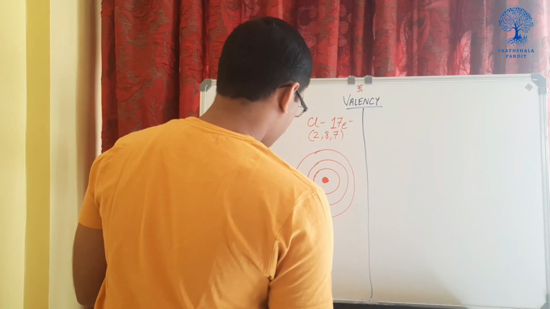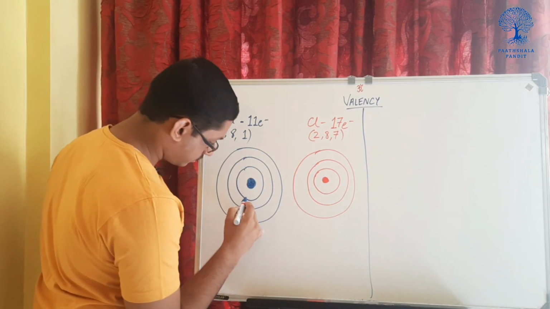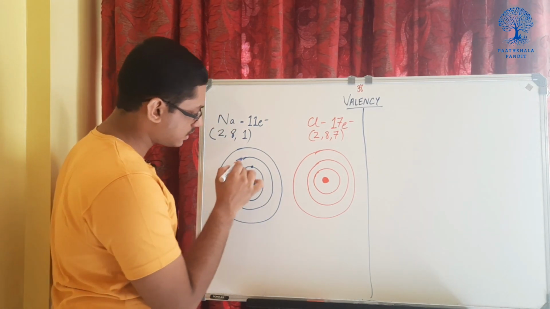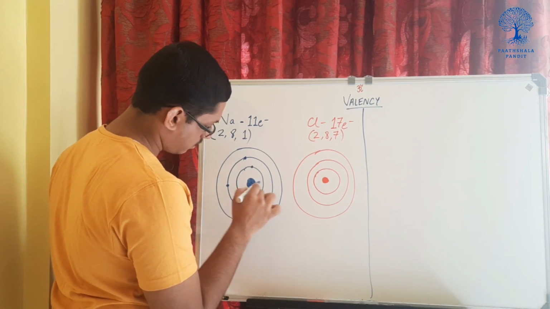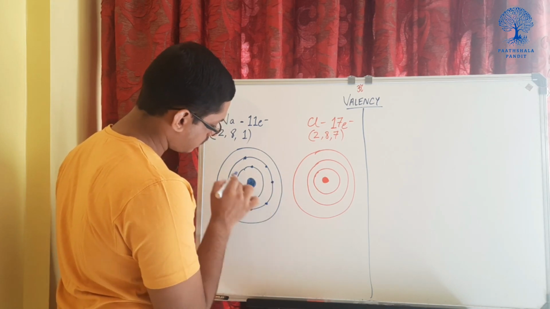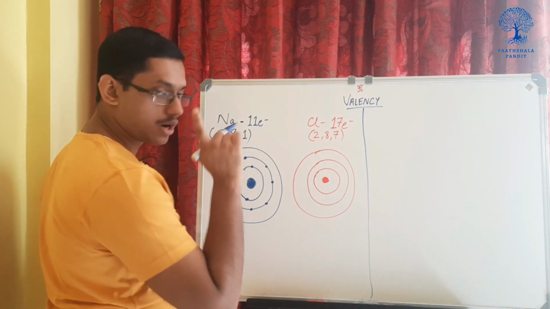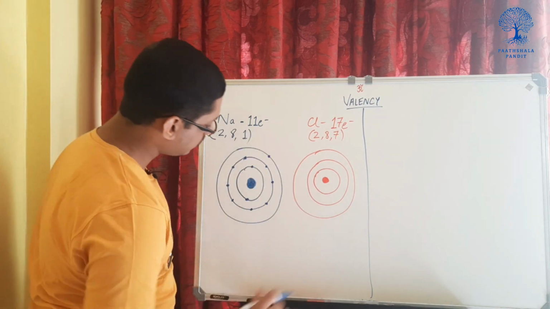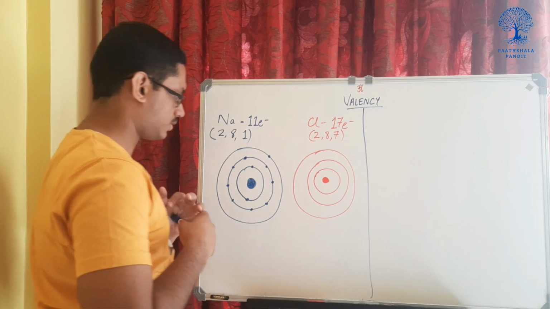For sodium, 2 8 1: 2 electrons, then 1 2 3 4 5 6 7 8. Okay, second orbit has 8 electrons, and 1 electron in the last orbit, the third orbit. Done. We drew it. Let's draw chlorine also.